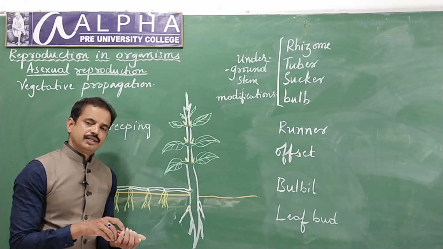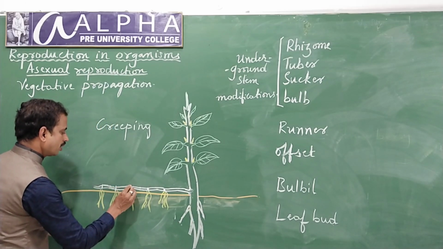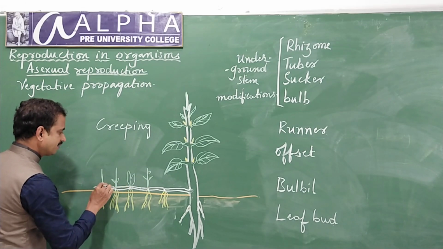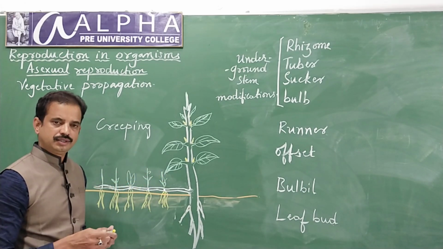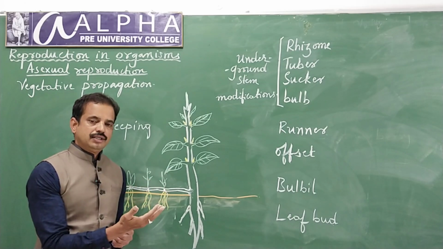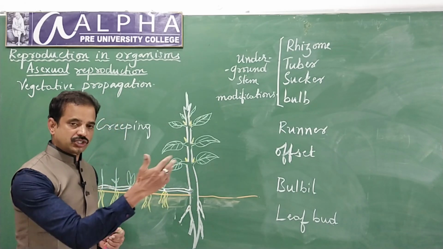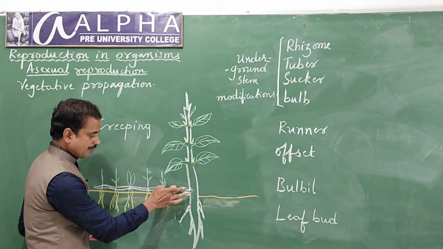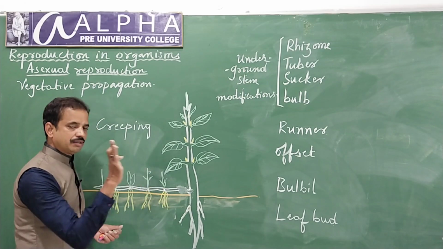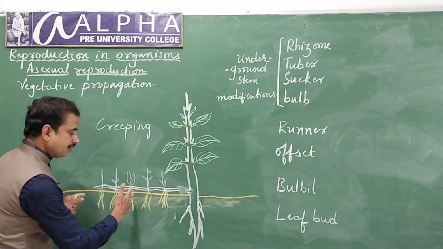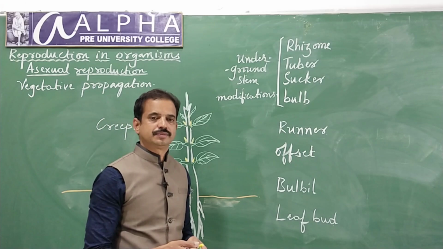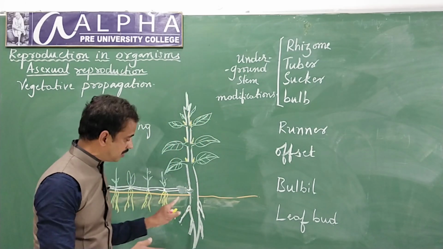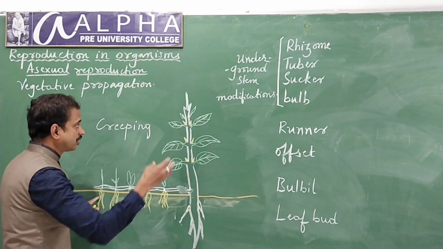In the same way, towards the upper side, it can produce leaves or a shoot. After some time, this slender branch may get separated from the parental plant, and this fragment can grow as an individual plant. A vegetative part of the plant has given rise to another plant without the involvement of a flower.